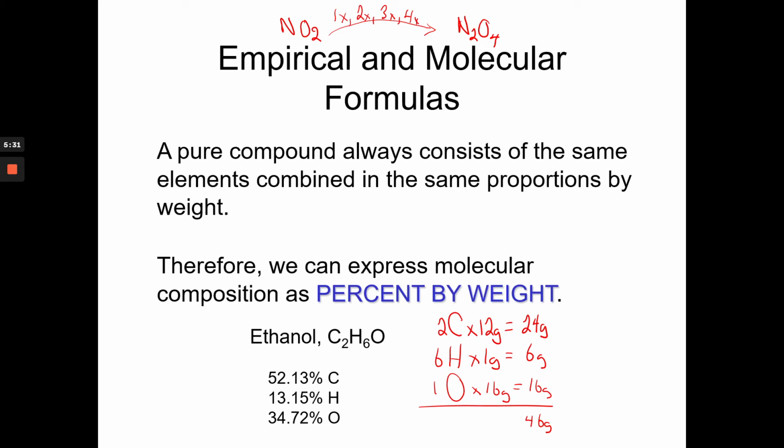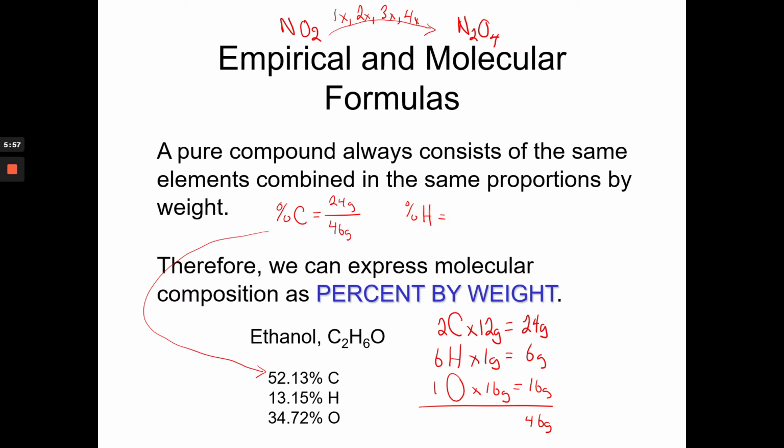Now, the percent that is carbon, I can do that up here. The percent that's carbon is the part that's carbon, 24 grams, divided by the whole, 46 grams, then times 100 as a percent. Well, that comes out to be 52.13%. And I could do the same thing for the percent that is hydrogen.